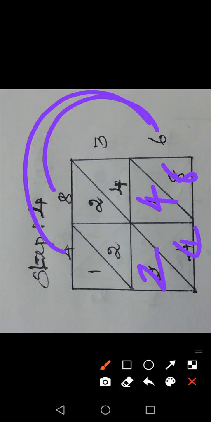Okay, then how to write the solution? In the diagonal we produce the line. After producing the diagonal, this place has 8, which you write.